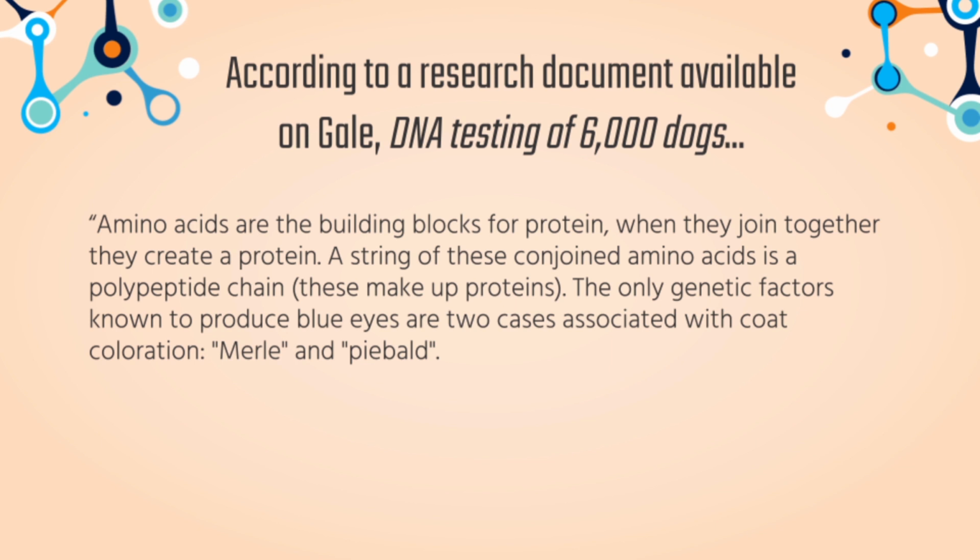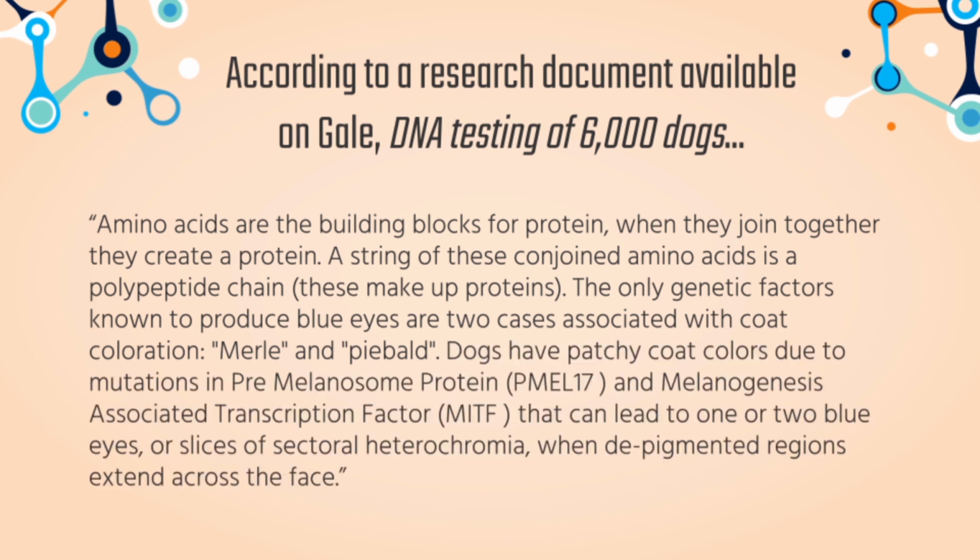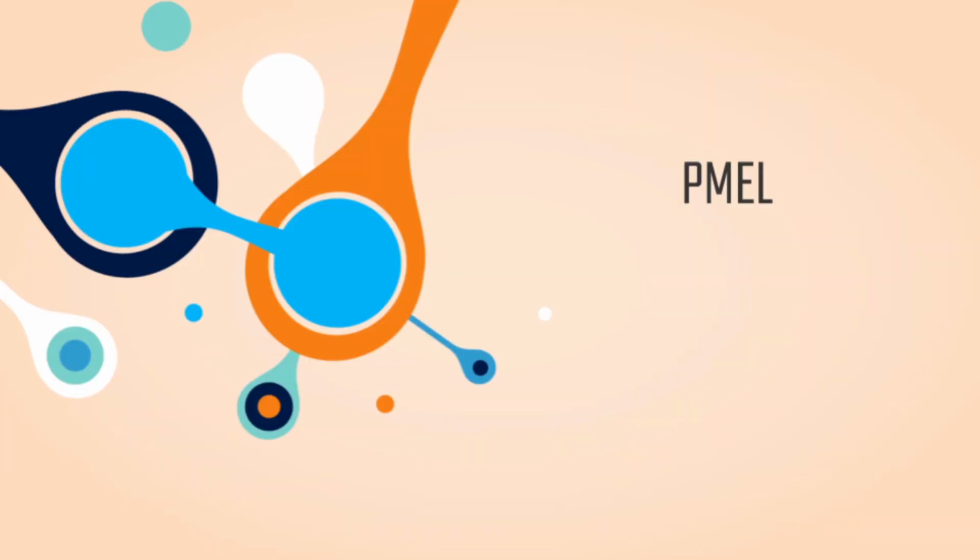The only genetic factors known to produce blue eyes are 2 cases associated with coat coloration, Merle and Piebald, dogs that have patchy coat colors due to mutations in pre-melanosome protein, PMEL17, and melanogenesis-associated transcription factor, MITF. That can lead to 1 or 2 blue eyes, or slices of sectoral heterochromia, when depigmented regions extend across the face.